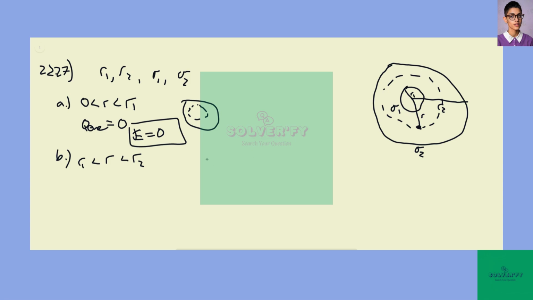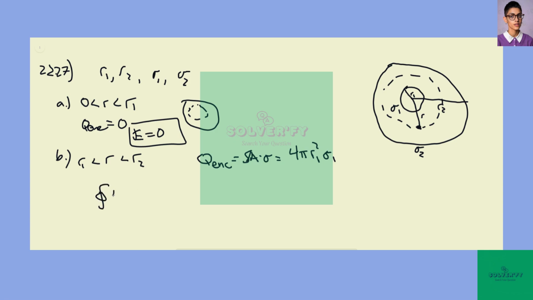The charge enclosed is the surface area times the surface charge density. The surface area of a sphere is 4 pi r squared, so we multiply that by the surface charge density.